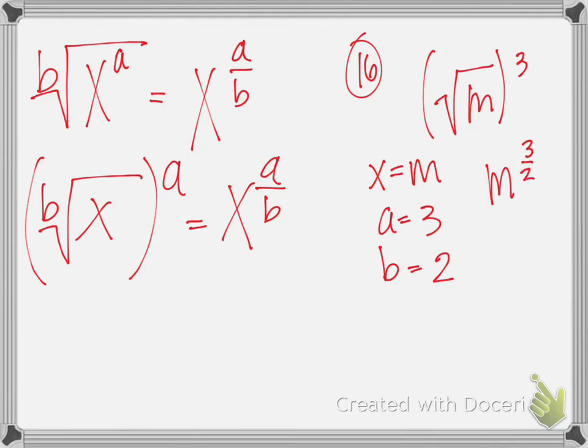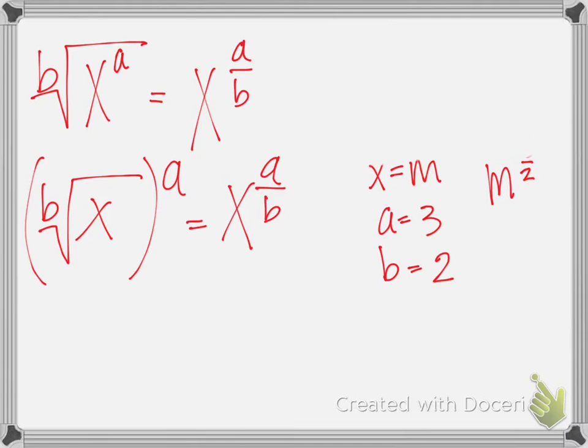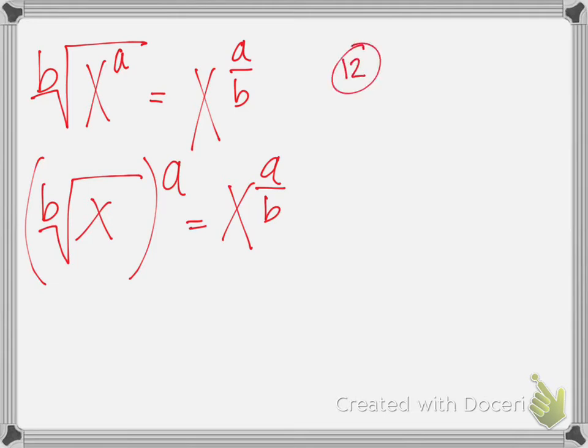Okay. All right. I want to do number, let's see. Number 12. So number 12 is 2n to the 8 over 5. So now we're going from this exponential to this radical.